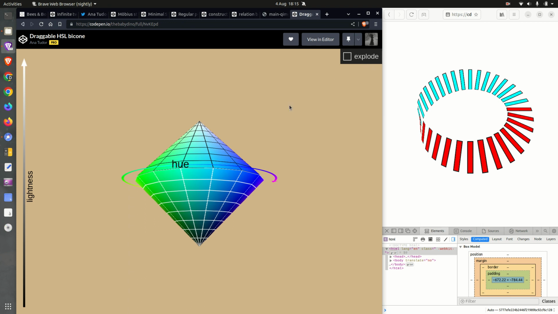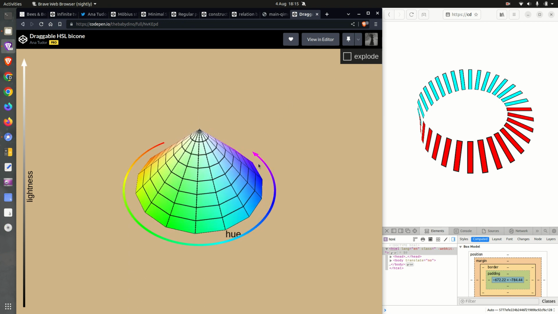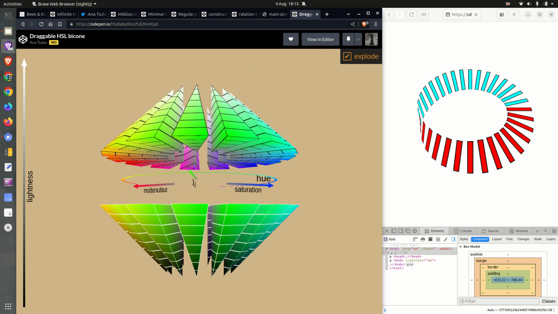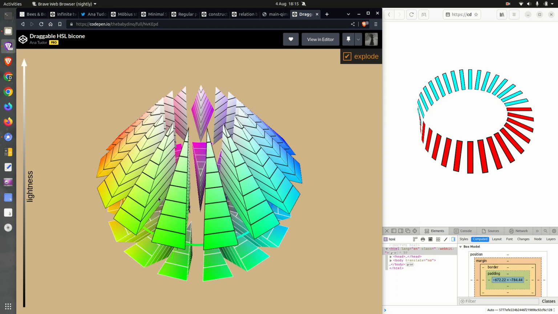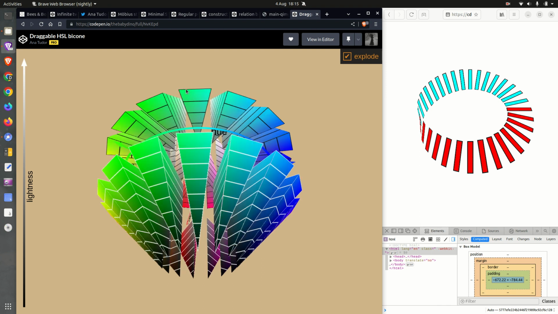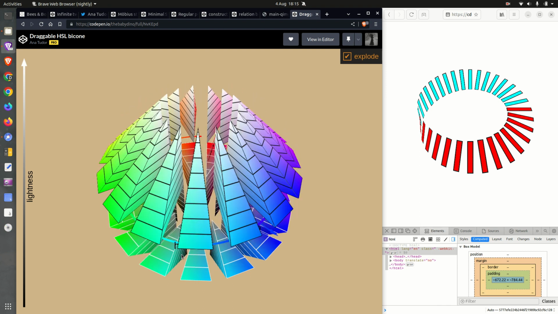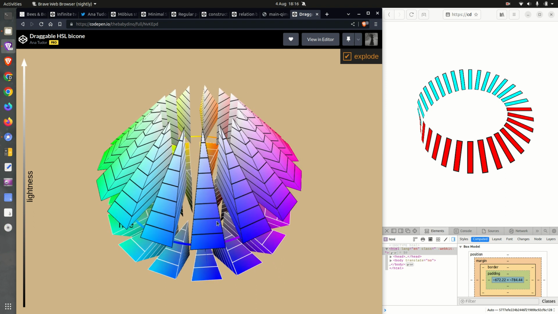Let's explode this HSL bicone. So you can see we have the hue all around. The lightness goes from black at the bottom to white at the top. And in the middle, we have pure gray. And the gray may be lighter or darker. So fully dark, zero lightness gray is black, right? 100% or one lightness gray is white at the top.